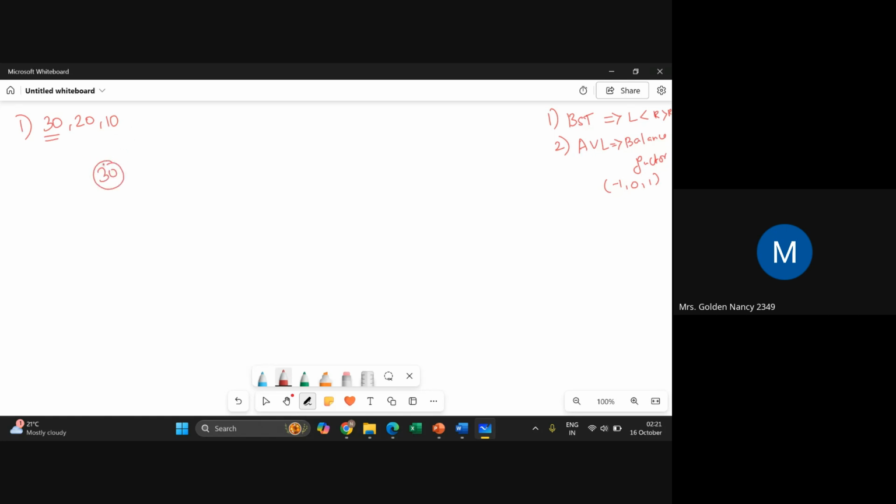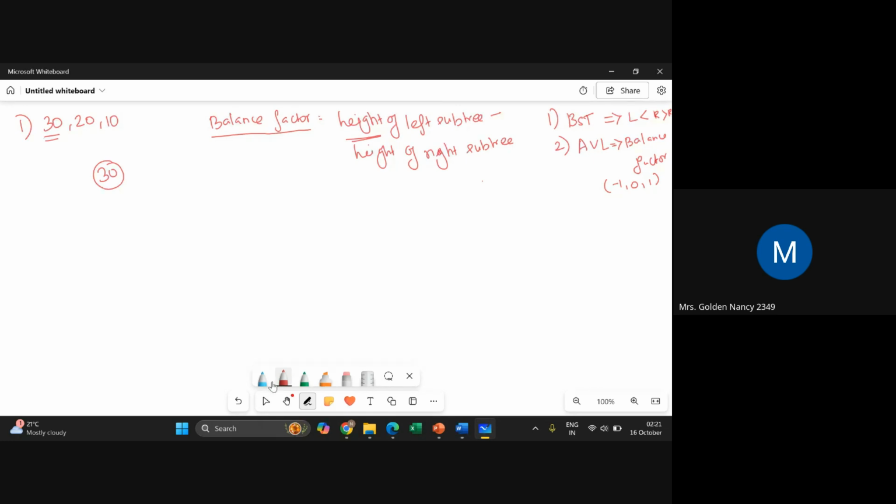How will you find the balance factor? Balance factor is equal to height of left subtree minus height of right subtree. So to calculate the balance factor, you have to calculate the height. What is the height of a tree? It is from that node to the longest leaf.